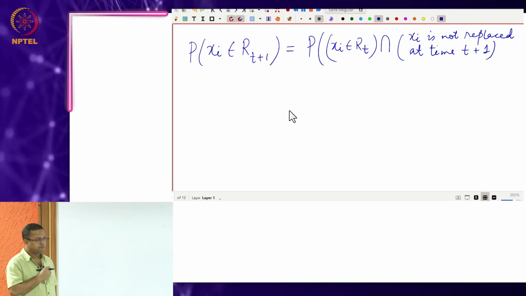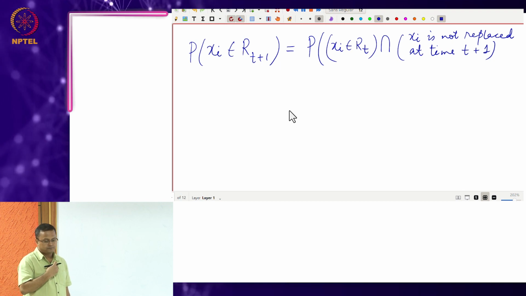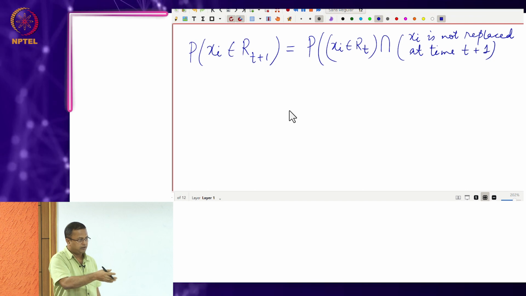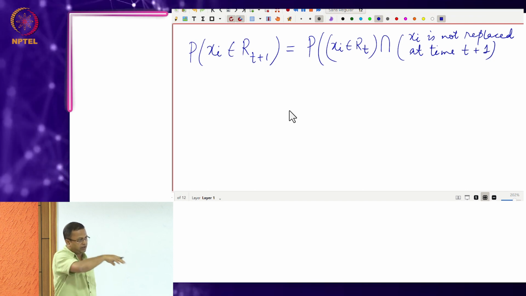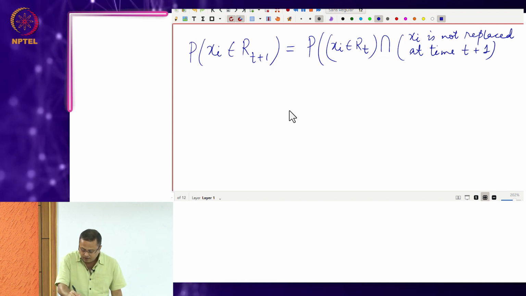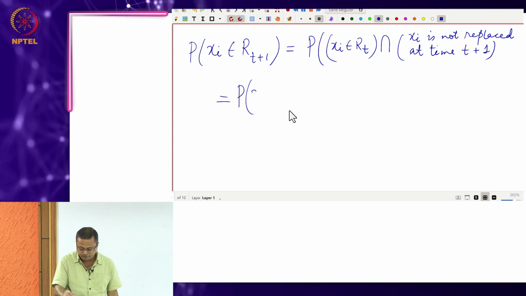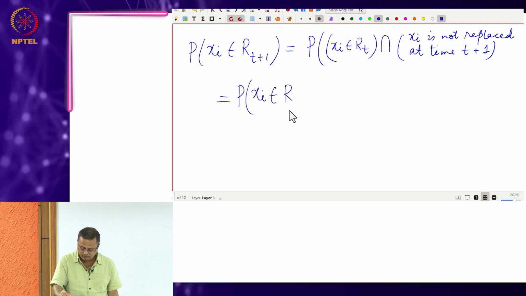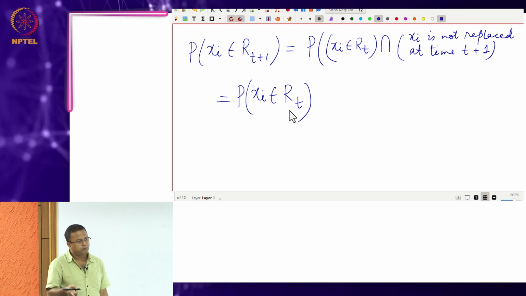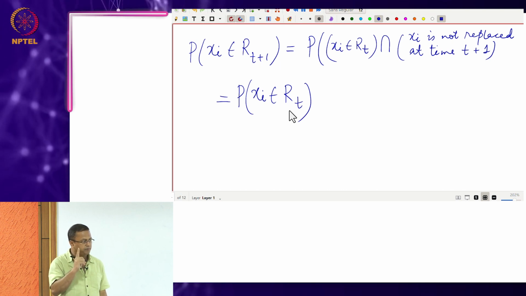Okay. This statement is okay with you? That for xi to belong there, it must have been there earlier and not replaced. Fine. Now, I use the chain rule. On the first part, induction hypothesis would apply, right. My induction is on t, remember.